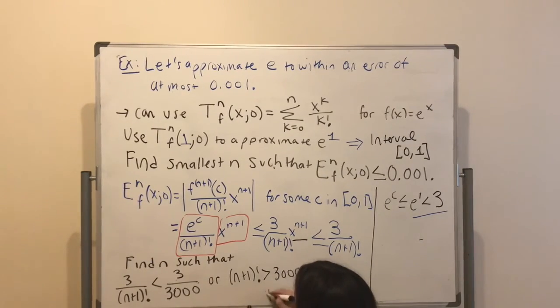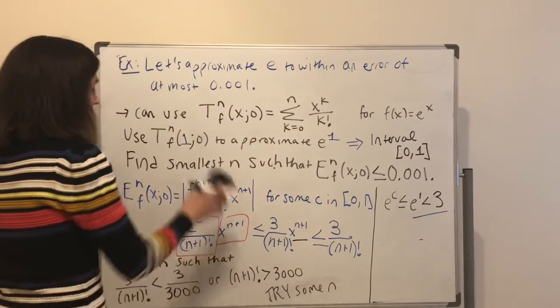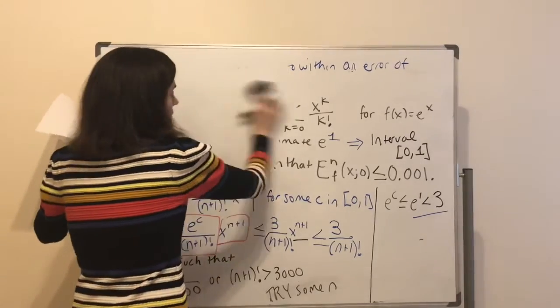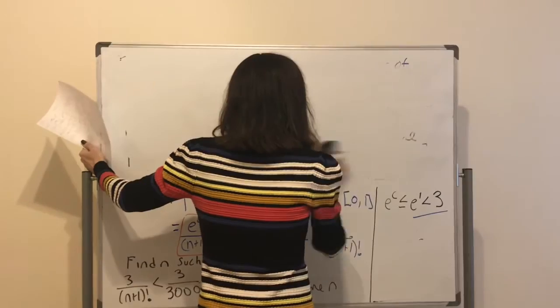And now I'll say try some n. You kind of want to jump up and not just start with 2 factorial, for example, or 3 factorial, because you know those are less than 3,000.